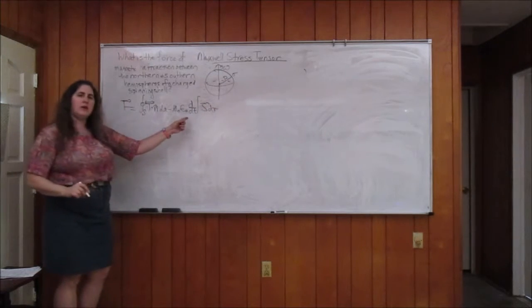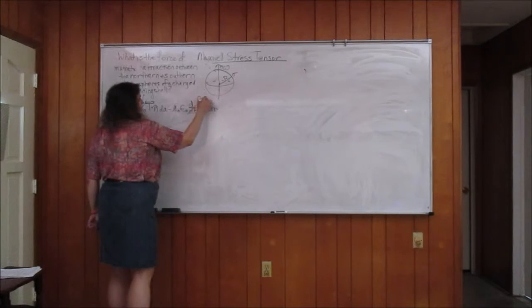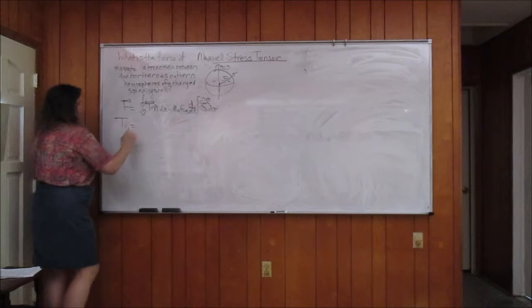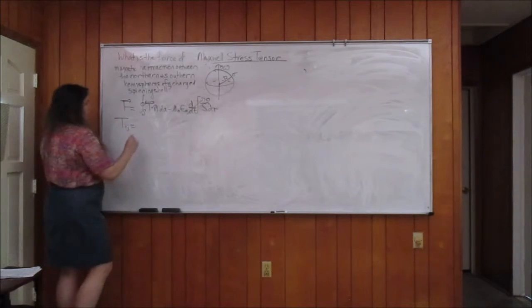The second term is going to be 0 because you're dealing with static fields. So let's, for reference, write down what T_ij is equal to.